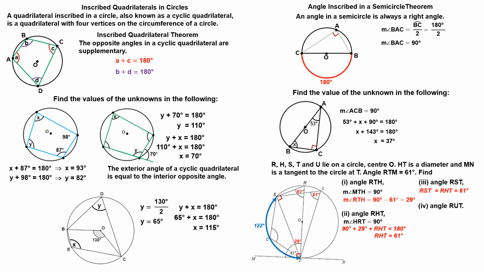The angle RUT is an inscribed angle, and the arc RST is the intercepted arc. The inscribed angle is half of the intercepted arc. The arc RST is 360 degrees minus 122 degrees. The angle RUT is 119 degrees.